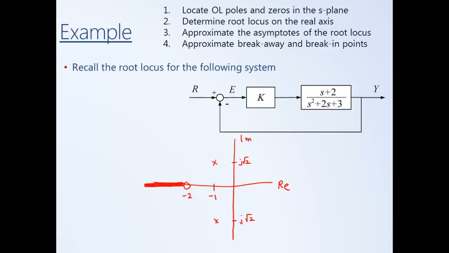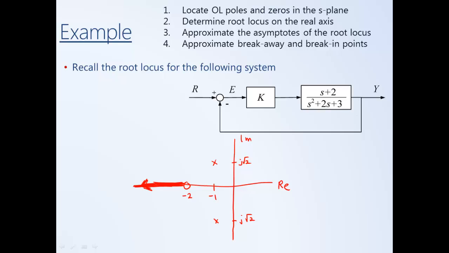So one of the branches starting at an open loop pole is going to go to a 0 at infinity, which is also called an asymptote. We have an asymptote that goes to the left along the real axis. So as k becomes large, one of our poles is going to move out in that direction.